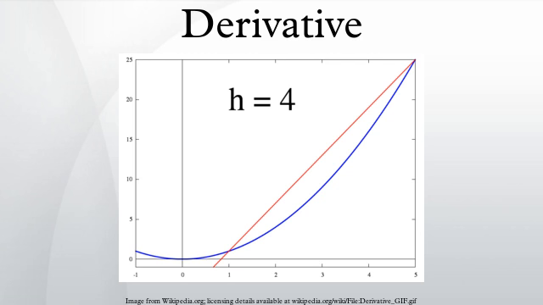Similarly, the derivative of the second derivative, if it exists, is written f'''(x), and is called the third derivative of f. Continuing this process, one can define, if it exists, the nth derivative as the derivative of the (n-1)th derivative. These repeated derivatives are called higher-order derivatives. The nth derivative is also called the derivative of order n.